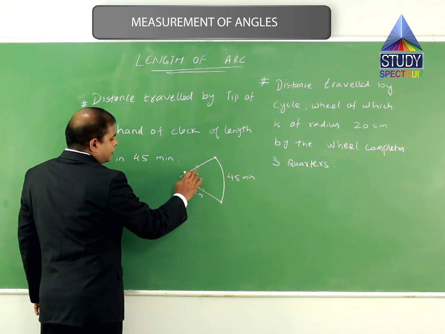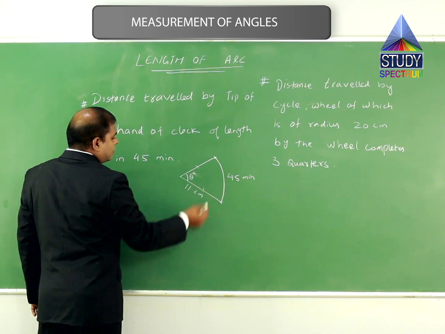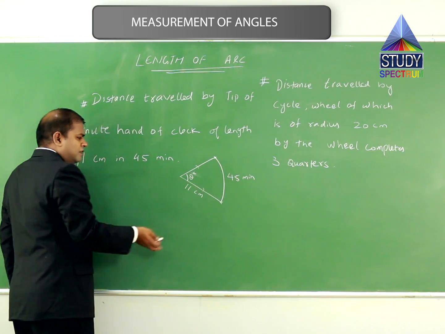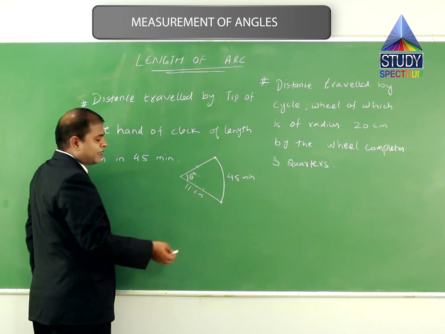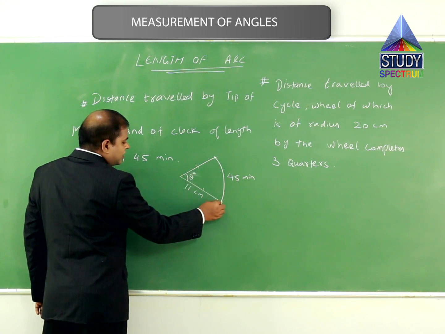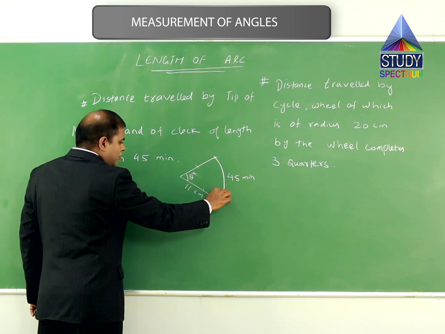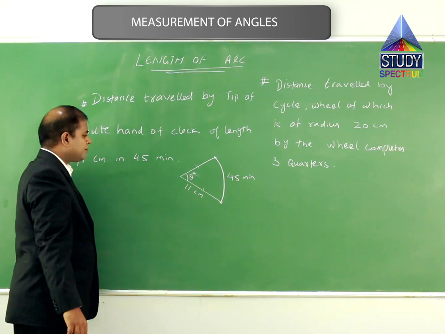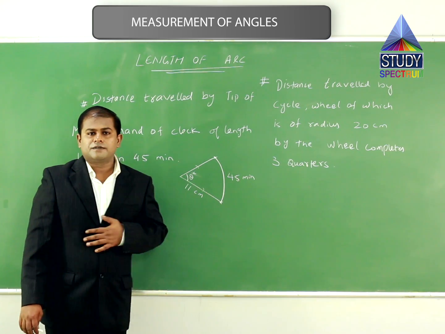This figure is not up to scale. The angle I have marked is just indicative, it's not up to scale. So the question is, what is the distance traveled by the minute hand of a clock of length 11 centimeter in 45 minutes.